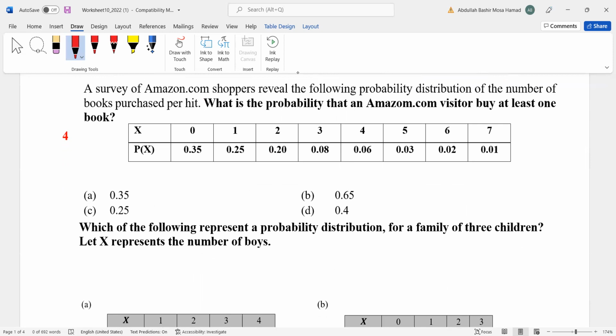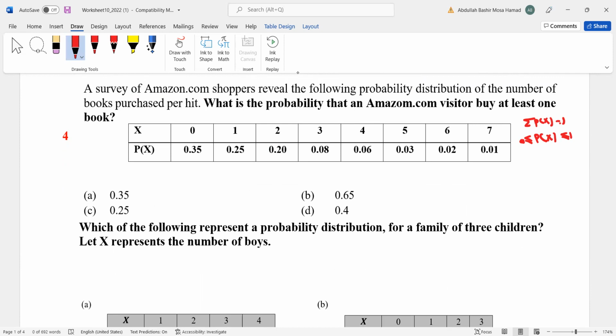This satisfies the condition that the summation of P of X equals 1, and 0 is less than or equal to P of X, which is less than or equal to 1. All these values are positive and less than or equal to 1. So it is a discrete probability distribution.